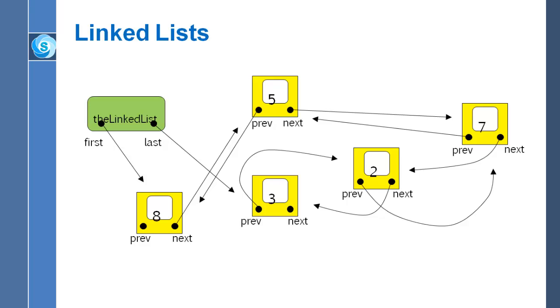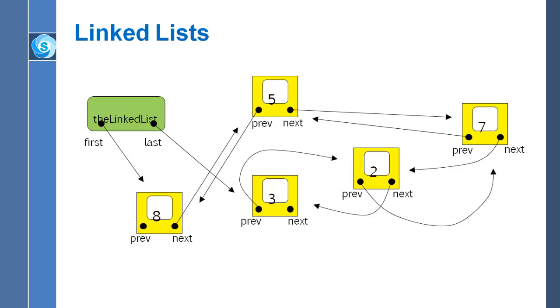Each of the yellow boxes represents a node in a linked list. And I scattered them about to emphasize the fact that they could really be scattered throughout memory in a rather random way. Okay? But the pointers that the nodes contain logically connect the nodes into a chain, right?